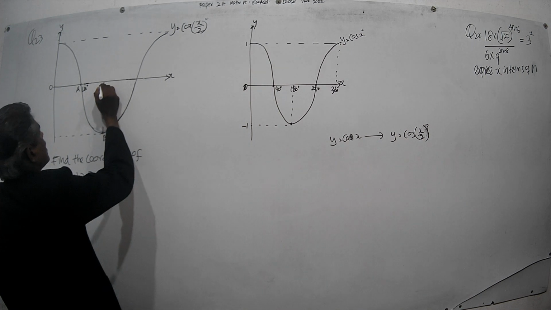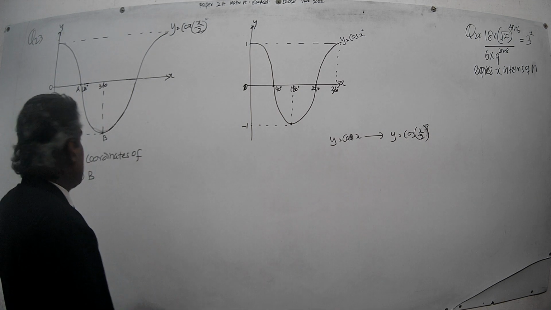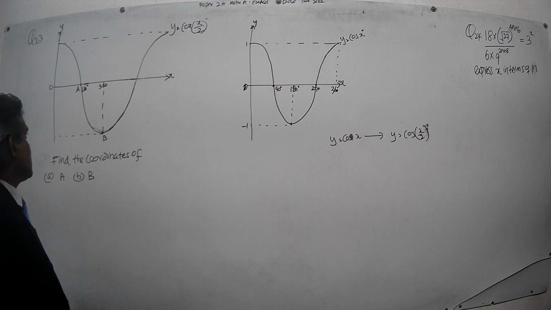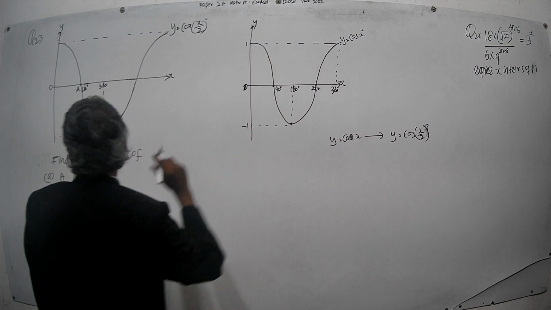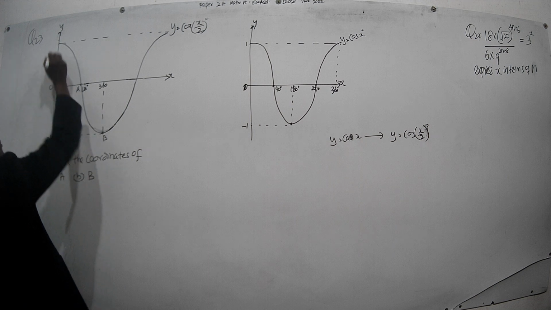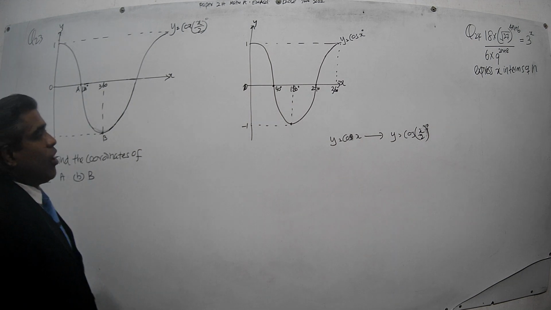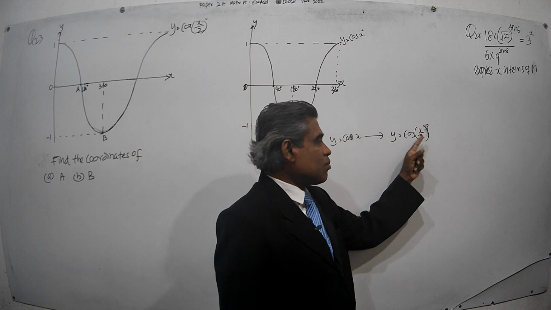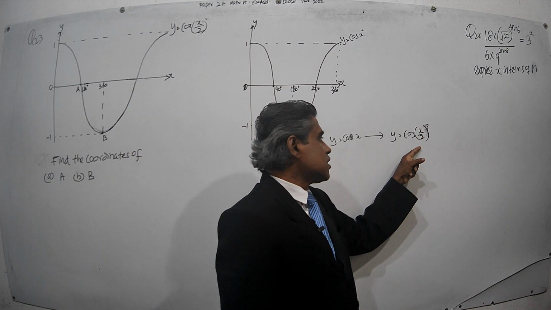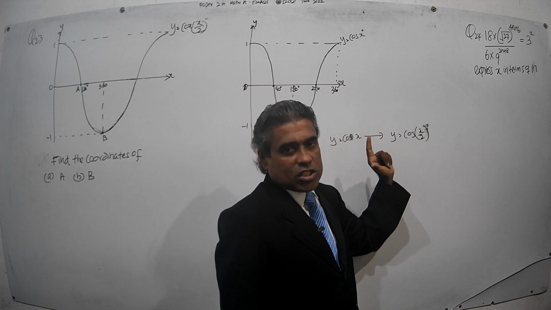Now we have all the necessary things. Here it is minus 1, and here it is plus 1, because the y coordinates won't change. Only the x coordinates get multiplied; the y coordinates stay constant.